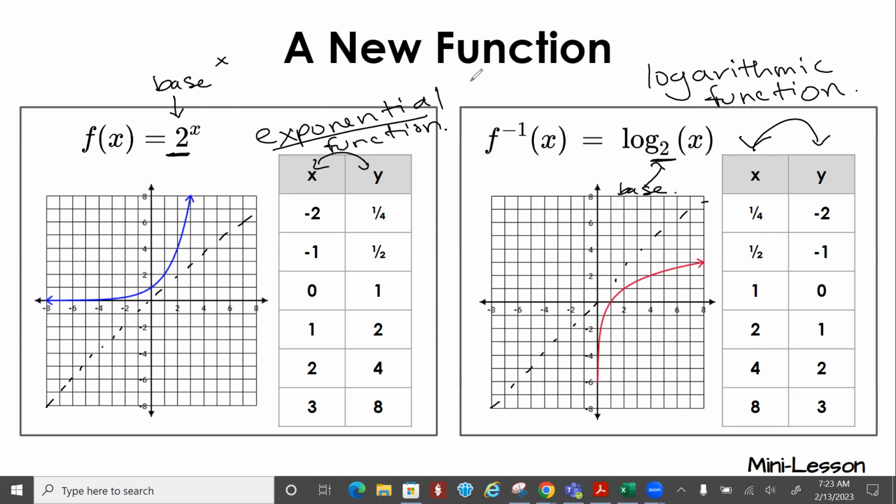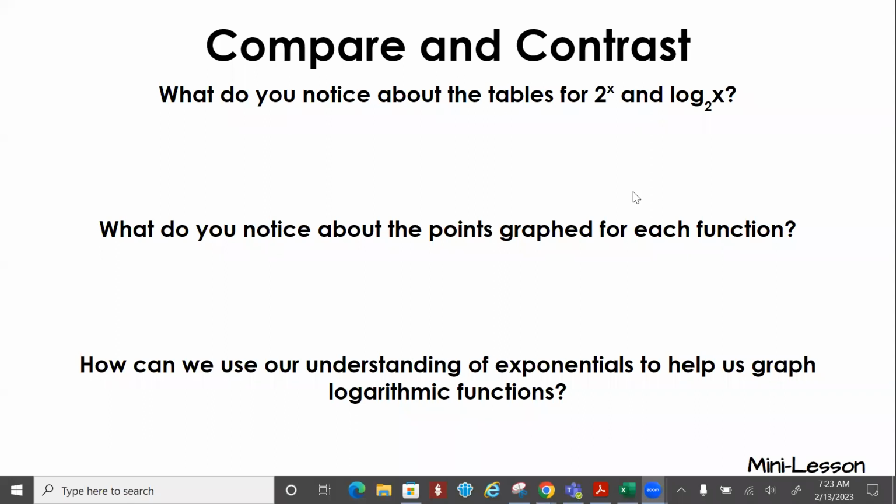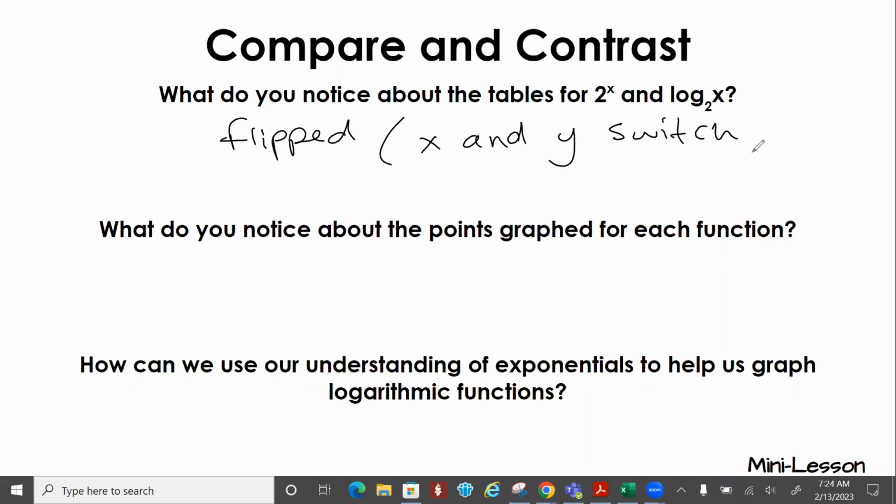We kind of already talked about this, but what do you notice about the tables? Well, we said that the x and y's are flipped from each other. What do you notice about the points on the graph for each function? They're reflected across the y equals x line. So the x and y switch, and the points are reflected across the y equals x line.